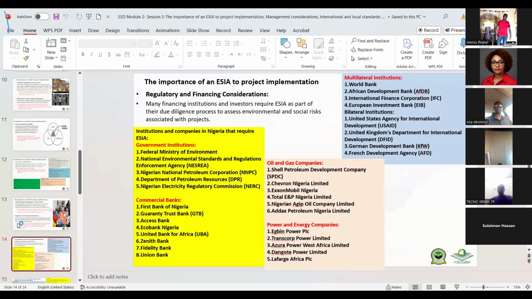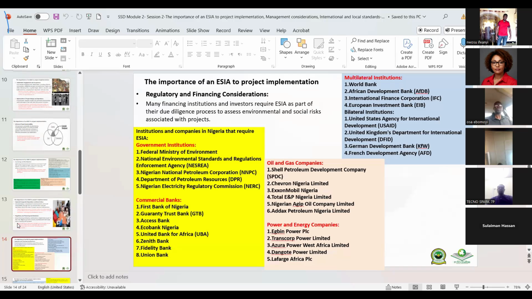So I have here listed some regulatory and financial agencies in Nigeria and outside Nigeria that can finance some important projects for you. They are all listed here, starting from the Federal Ministry of Environment to the National Environmental Standards and Regulations Enforcement Agency, that is NESREA, to commercial banks like First Bank, Guaranty Trust. Oil companies can also do that, like Shell, Petroleum Development, Chevron, and what have you.